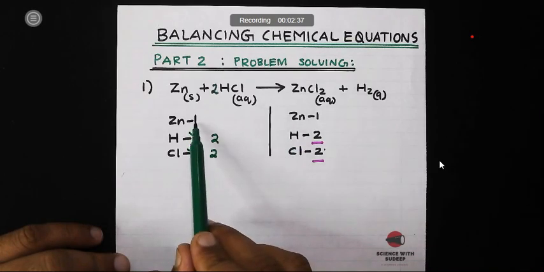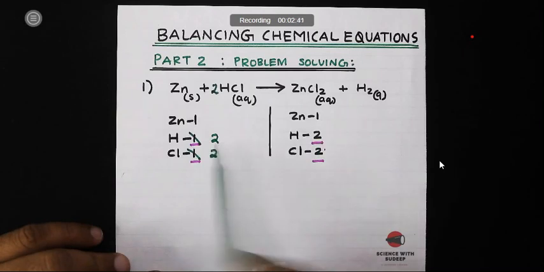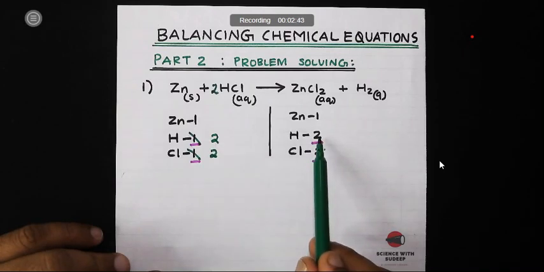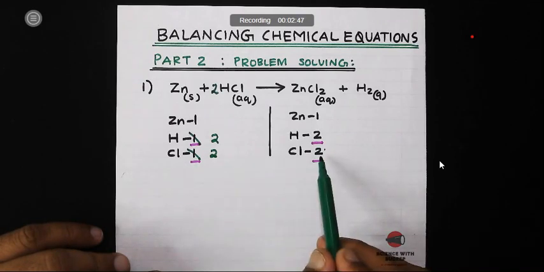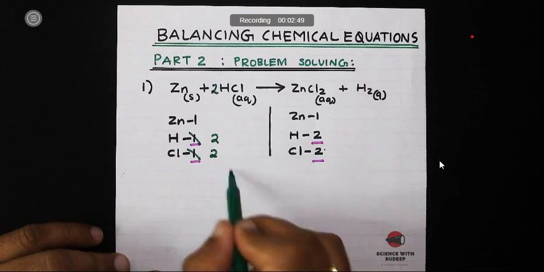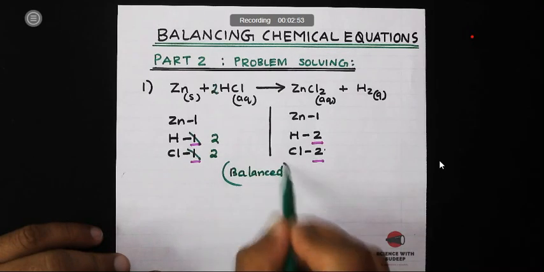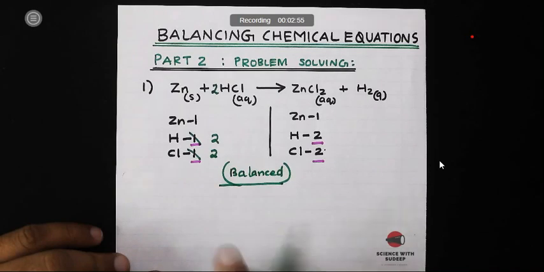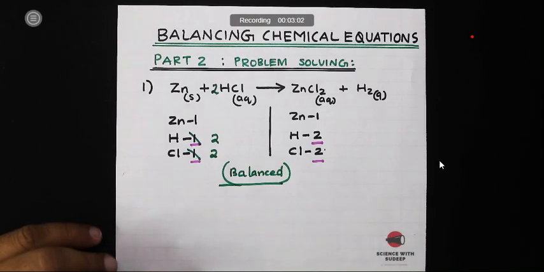On the left hand side you have one zinc, right hand side one zinc; left hand side 2 hydrogens, right hand side 2 hydrogens; left hand side 2 chlorines, right hand side 2 chlorines. This equation is balanced now. It looks easy. You should learn like this. This is a simple method, and to understand it better, let's do another question.